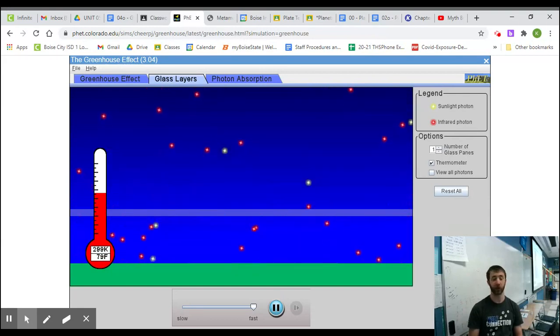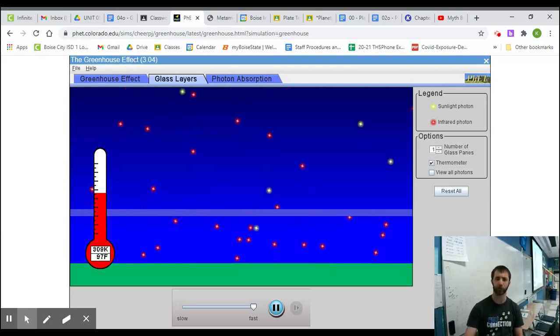Very obviously, you'll notice that the temperature has skyrocketed here. But think about why. What is making that temperature gauge go up? This temperature gauge sitting at the surface.